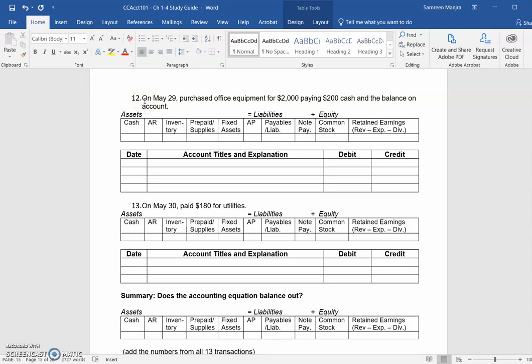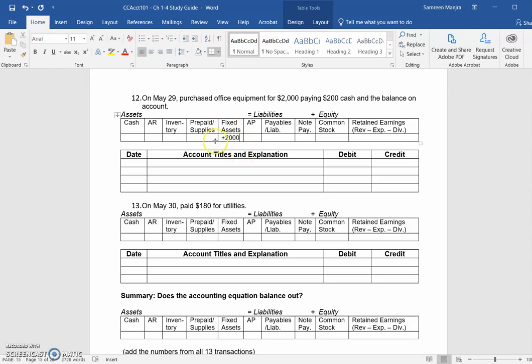So now in transaction 12, we are going to purchase office equipment for $2,000. And what's interesting is that we're going to pay for a portion of that office equipment with cash, but the balance will be on account. So we're going to have an increase in our fixed assets. Specifically, the equipment account is going to increase by $2,000.